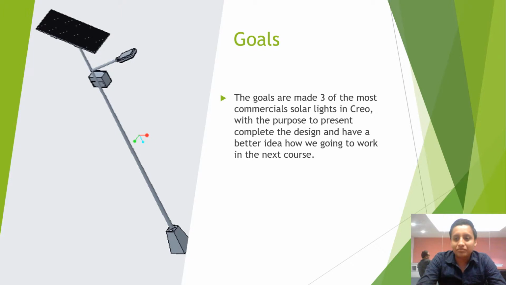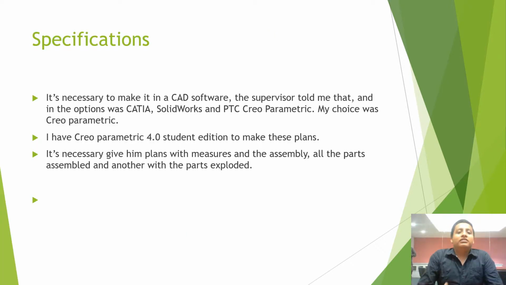In the specification, it is necessary to make it in a CAD software, and the supervisor told us that it was necessary to make it in CATIA, SolidWorks, or PTC Creo Parametric, and my choice was Creo Parametric.